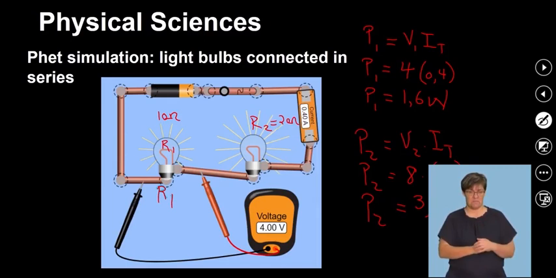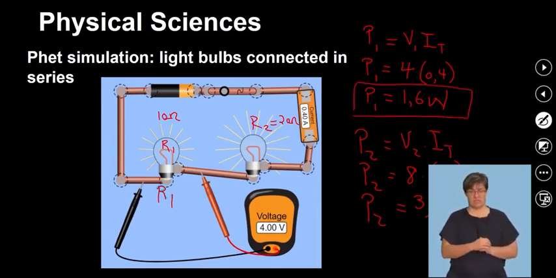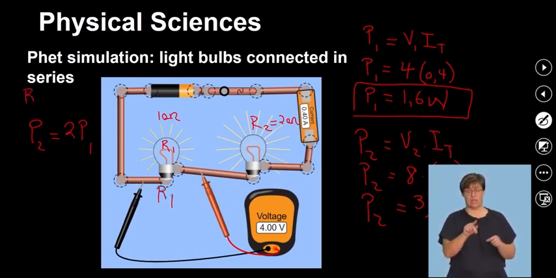This is a very important discovery: P2 is equal to 2P1, under the condition that R2 is double R1.